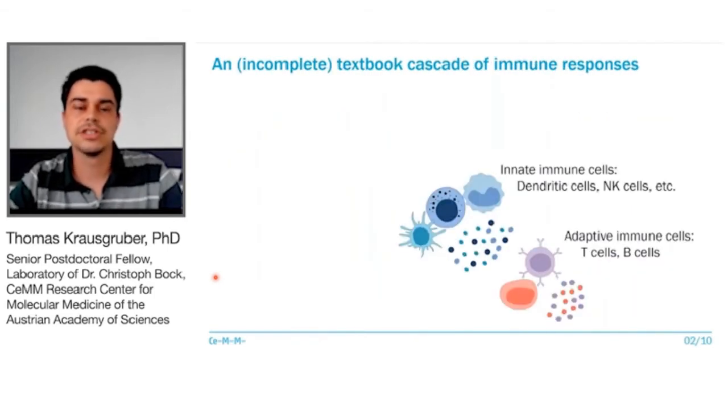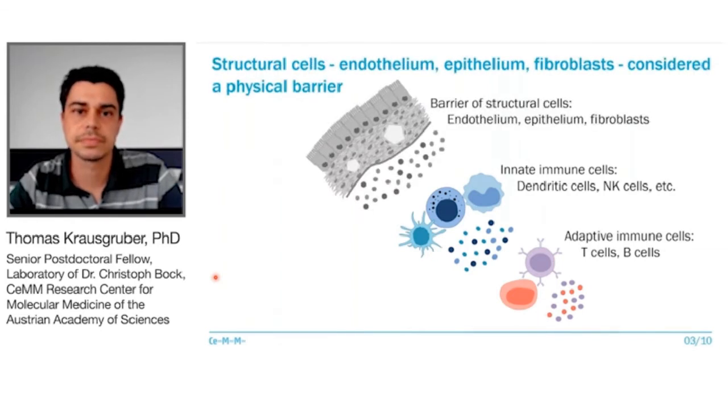Now, as an introduction to my project, if we look into a textbook and we want to know how immune responses are regulated, we will usually learn about two major events. First is the activation of innate immune cells, which is followed by the activation of adaptive immune cells. If mentioned at all, structural cells such as endothelium, epithelium, and fibroblasts would be considered merely a physical barrier.